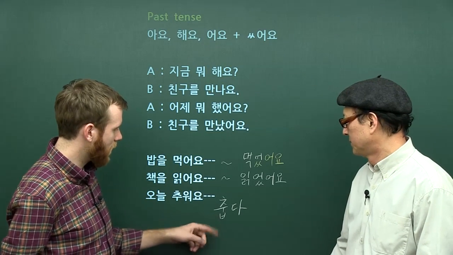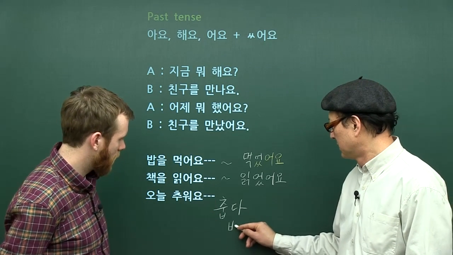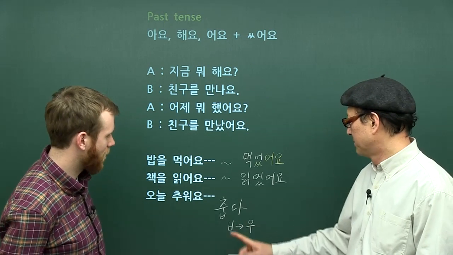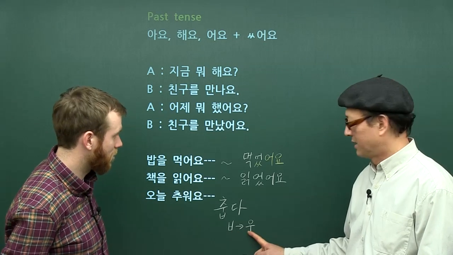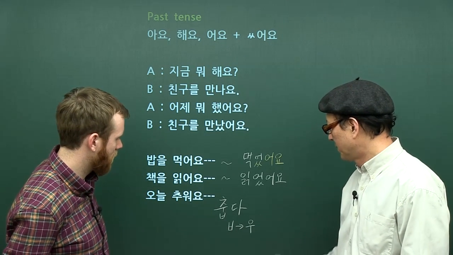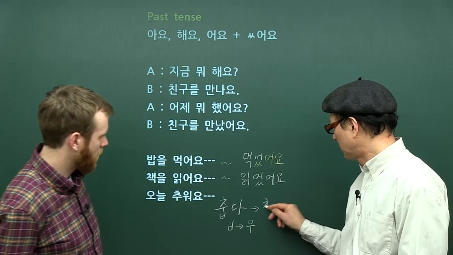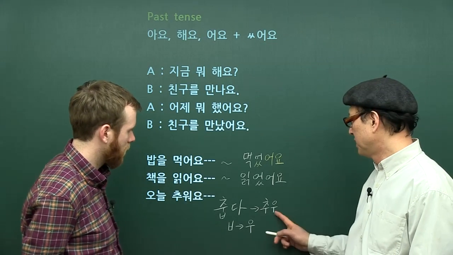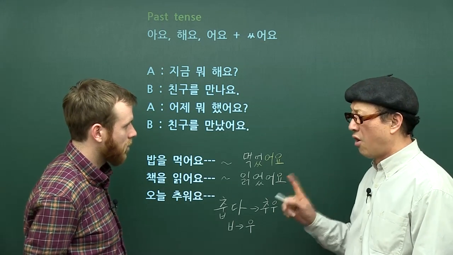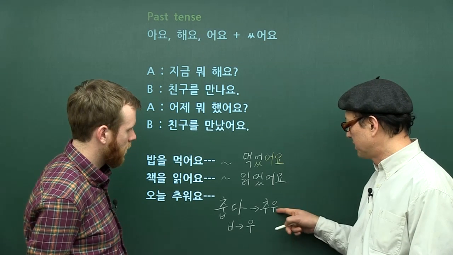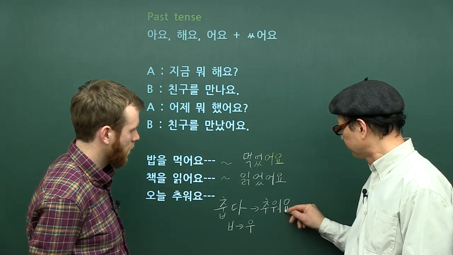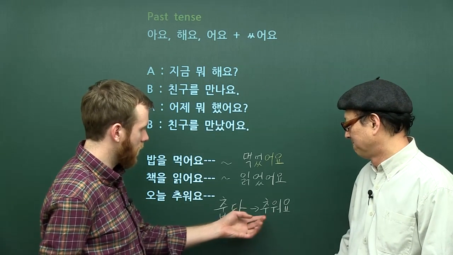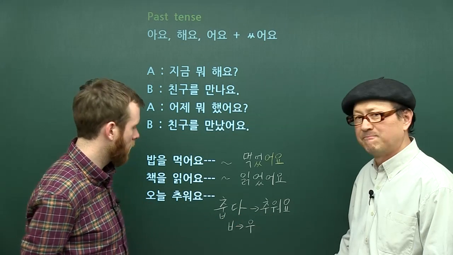So any adjective or verb that ends in the ㅂ in the verb stem, that changes, and then regular conjugation. Yeah, this is one of the harder adjectives to conjugate. So 춥다 becomes 추워요.